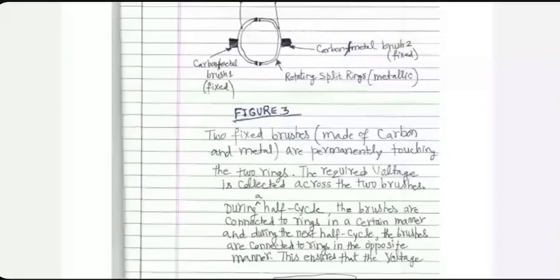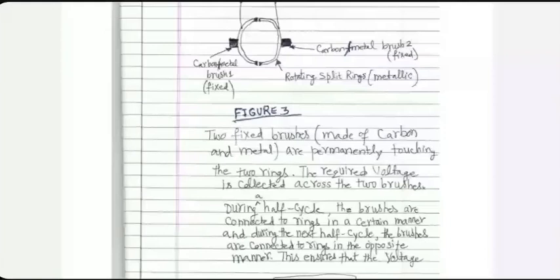Two fixed brushes made of carbon and metal. Metal is needed because the contact has to be conducting, but most of the other part of the brush is made of carbon. So these brushes are permanently touching the two rings. The required voltage is collected across the two brushes.